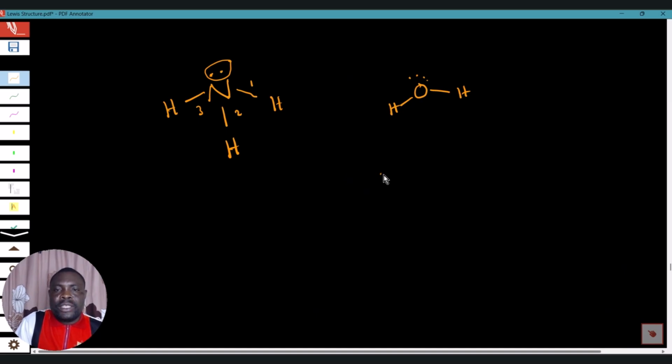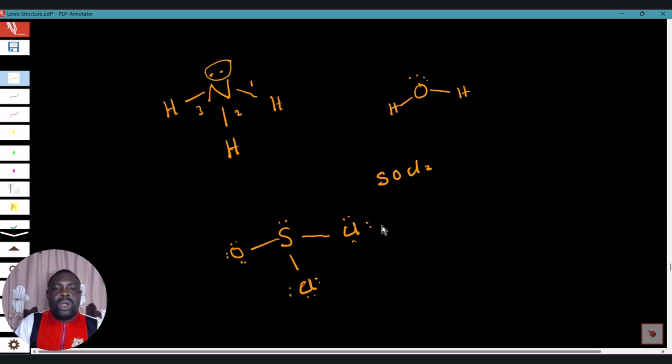Now let's look at thionyl chloride, which is SOCl2. The central atom is sulfur. We have 1 lone pair on the sulfur atom. Now this is the Lewis structure of thionyl chloride.